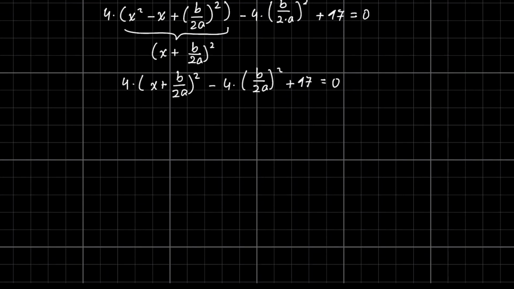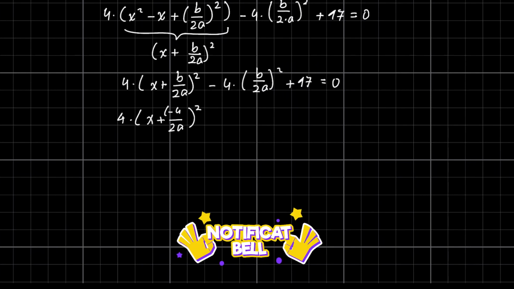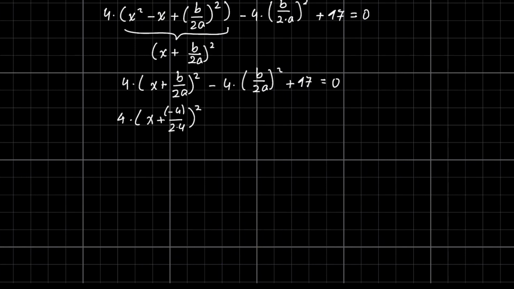So this is going to be 4 times x plus b over 2a squared, and we said b is basically minus 4, and we said a is also 4, and so this negative 4 will cancel out with the 4 and will leave me a negative half.